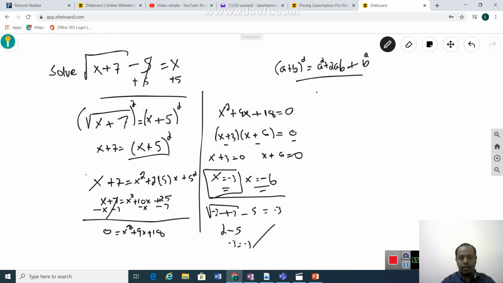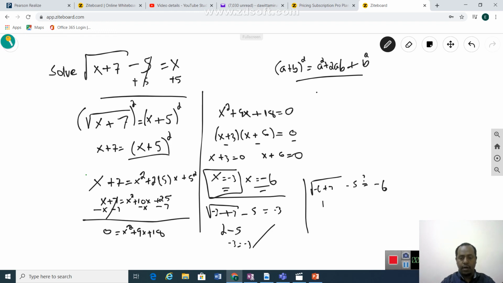Let's check for negative 6. The square root of negative 6 plus 7, minus 5. Is it equal to negative 6? Let's simplify it. Negative 6 plus 7 is 1.